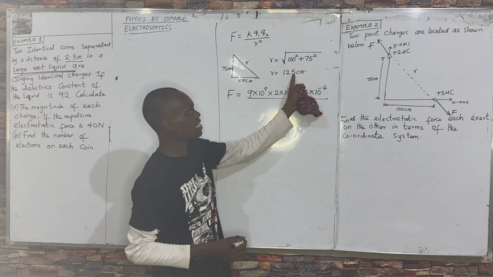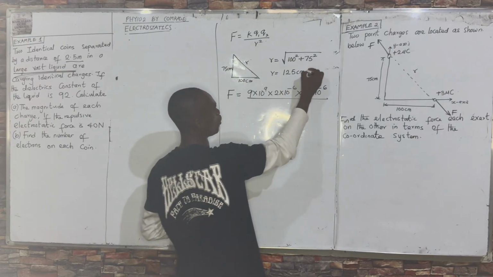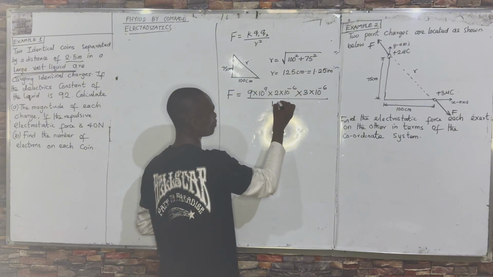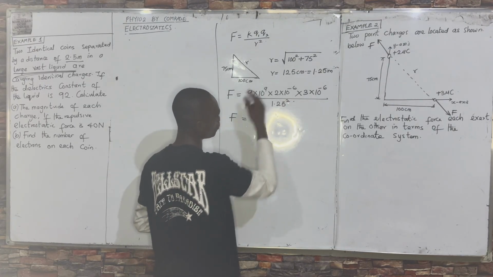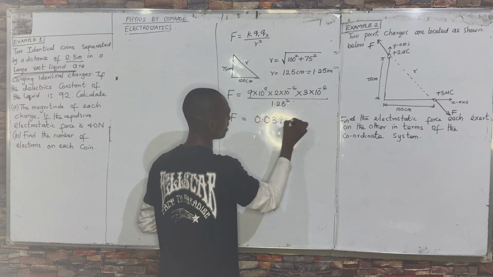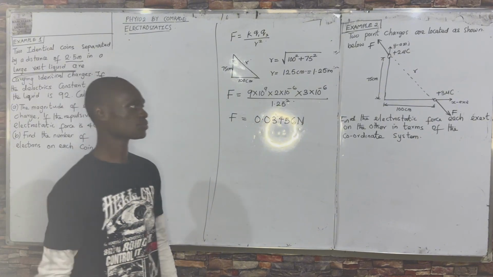Remember, the distance must be in meters. So if you convert centimeter to meter, you divide by 100, you should be getting 1.25 meters. So I have 1.25 meters squared. If I press my calculator, I should be having, I think, 0.03456 Newton. So that is the force.